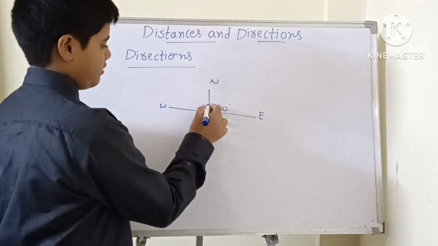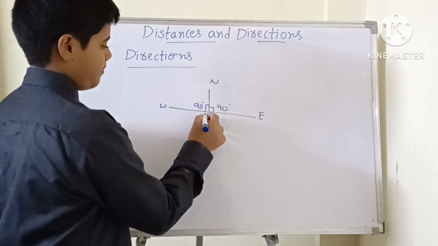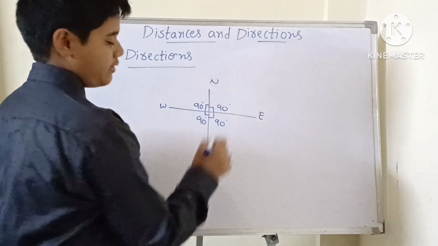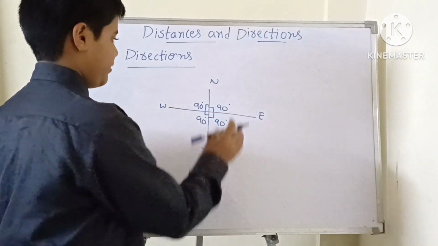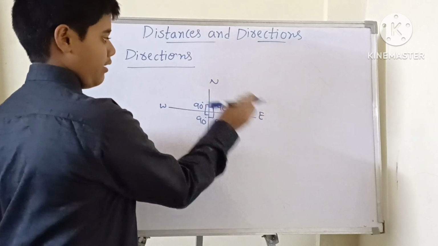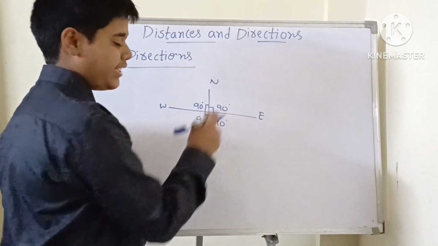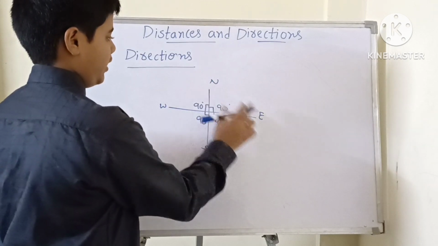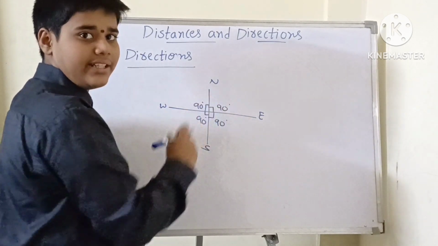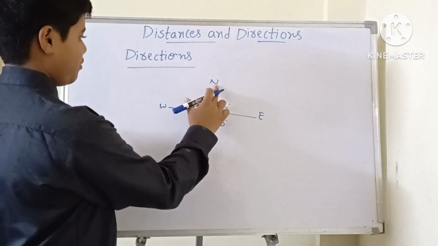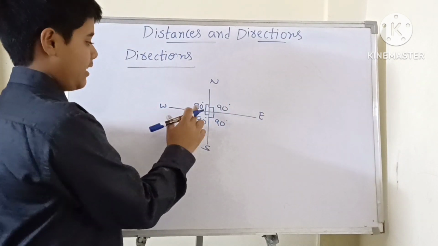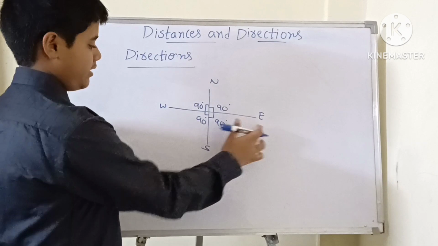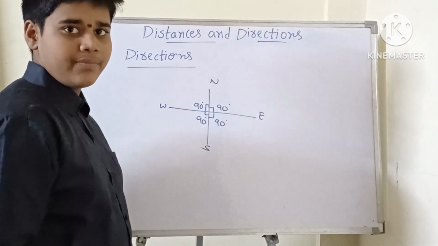Here 90 degrees, 90 degrees, 90 degrees. Here also 90 degrees, which means the angle between two main directions is 90 degrees. The angle between north and east is 90 degrees. And if you see north and west, the angle is 90, and south and west 90, east and south 90.